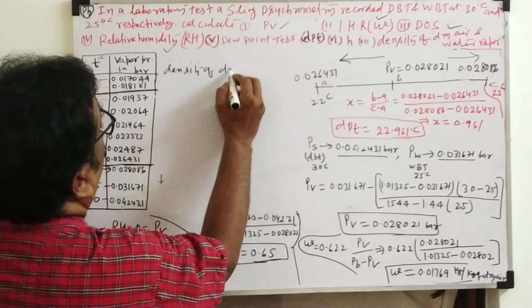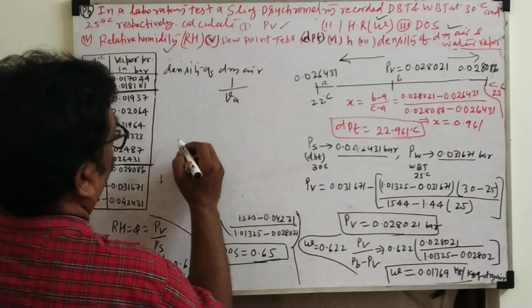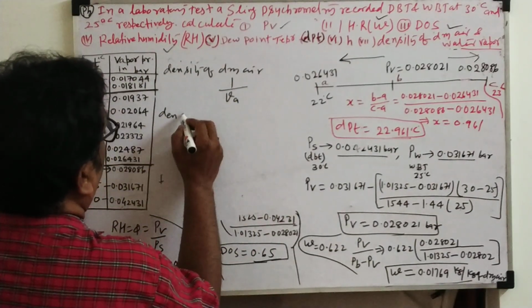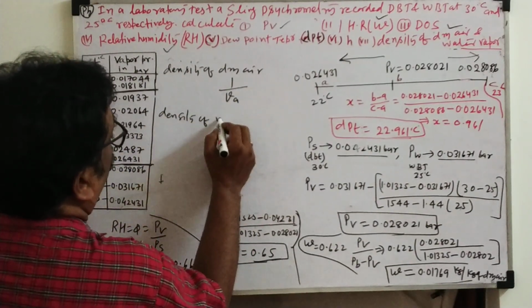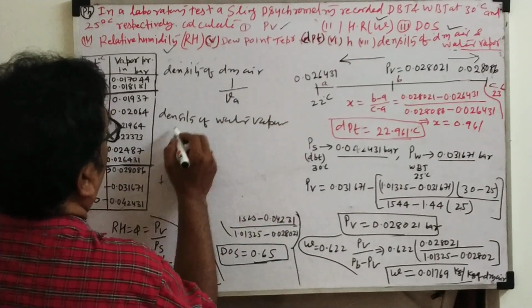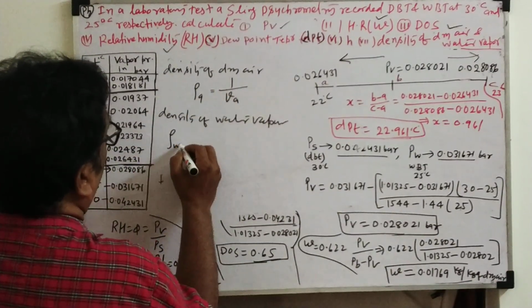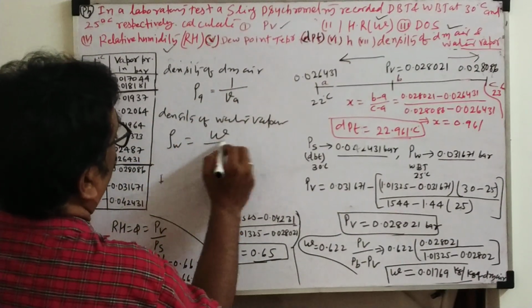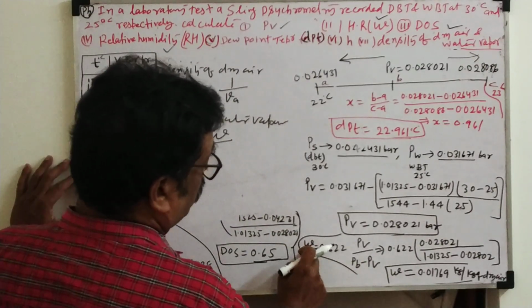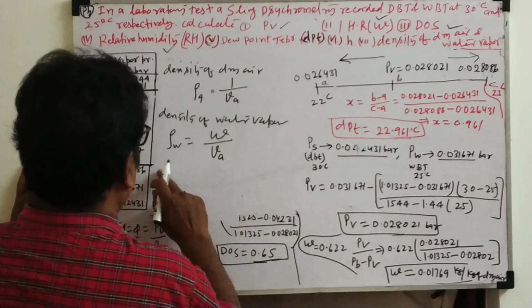Density of dry air, formula is 1 by specific volume. Then the density of water vapor, this formula will be: W, the specific humidity or humidity ratio, divided by specific volume.